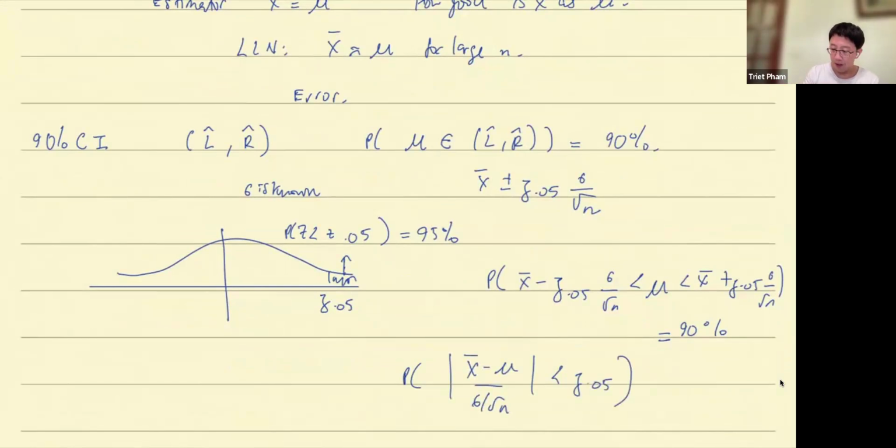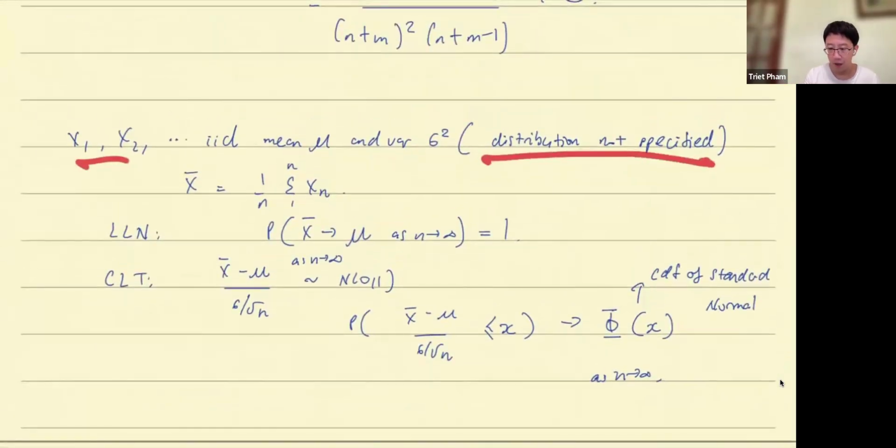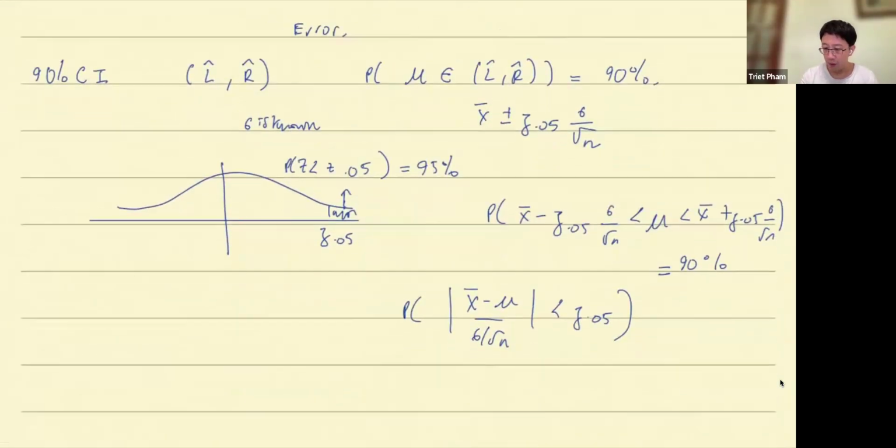And the point is that if the sample comes from some unspecified distribution, or some non-normal distribution, let's say uniform or binomial, then when you form these quantities, the x bar is not normal. And so you have no reason to say that this will be 90%, especially when n is small.